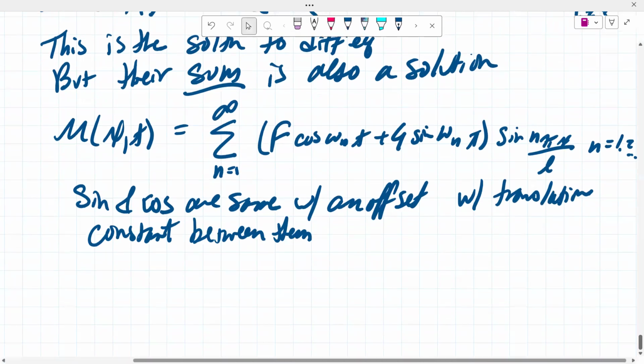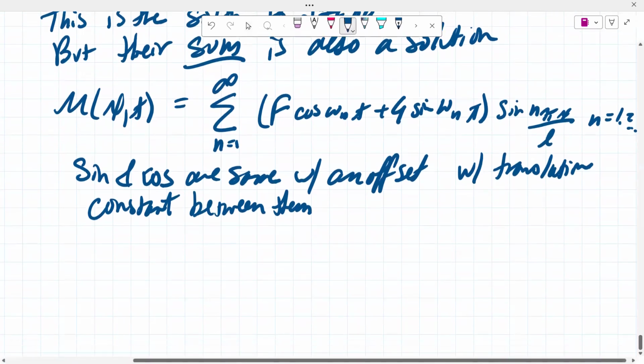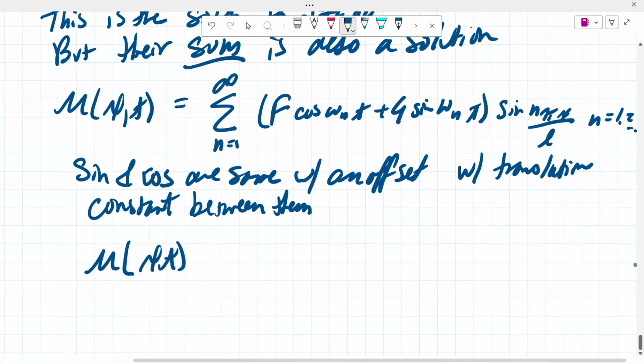So what we can do is we can now transform this like so.